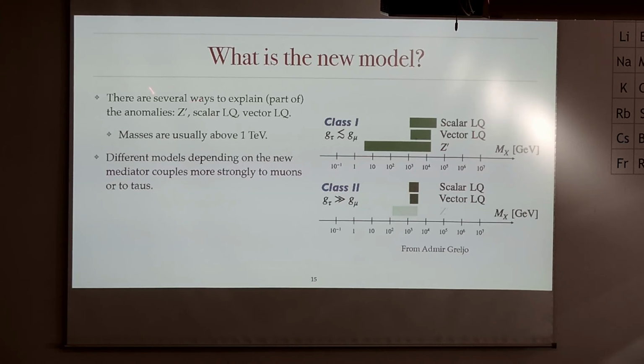We know that usually the masses are above 1 TeV from direct searches, so these are heavy objects. But we don't know which is the model, we don't know essentially anything. We don't know even the range of the masses, so we can only put limits on the range of the masses. So there's still lots of things to close if all of these anomalies are really new physics, which is a big if.